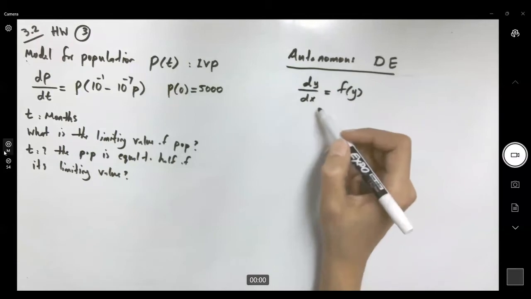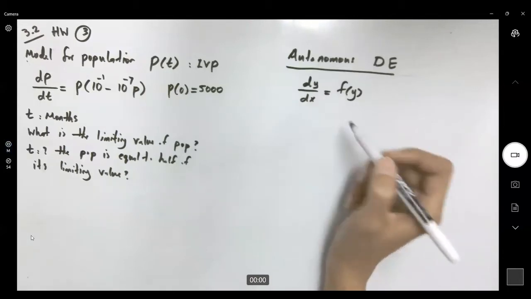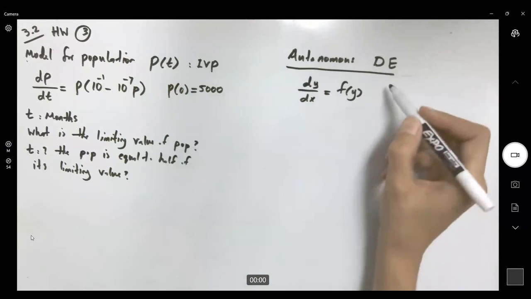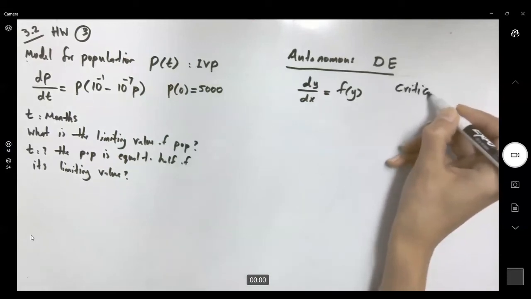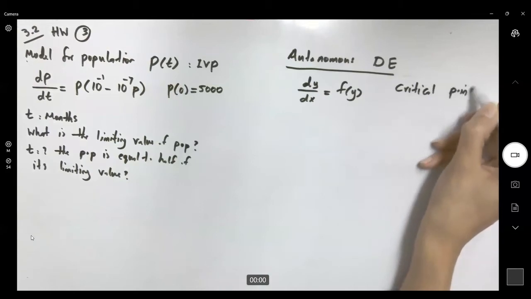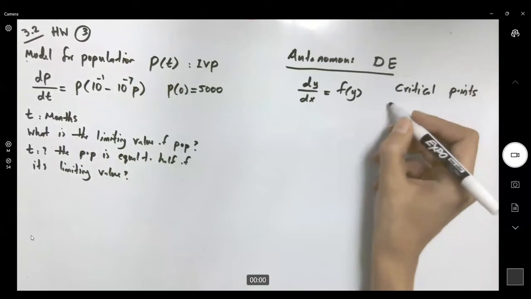On the left-hand side, you just have the derivative, the rate of change. So first, we want to find the critical points. It helps us to find the stationary or equilibrium points.